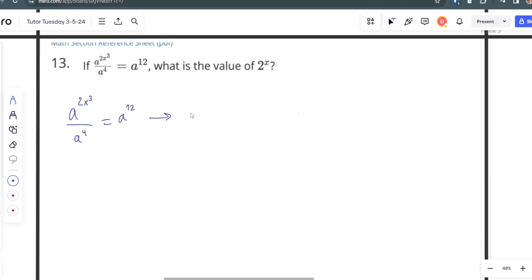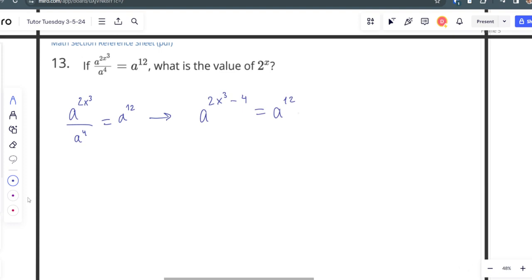That means we can first use the rule of subtracting exponents. If we have two of the same base, and we're dividing them, we can subtract the exponents. So our first step would be a to the 2x cubed minus 4 is equal to a to the 12th.